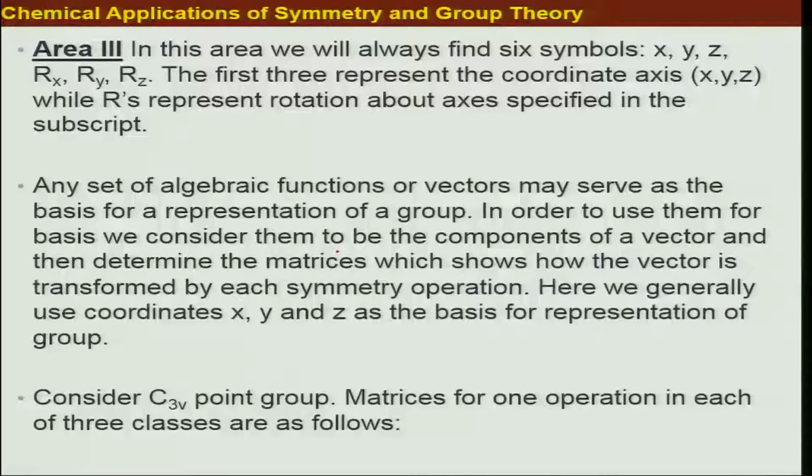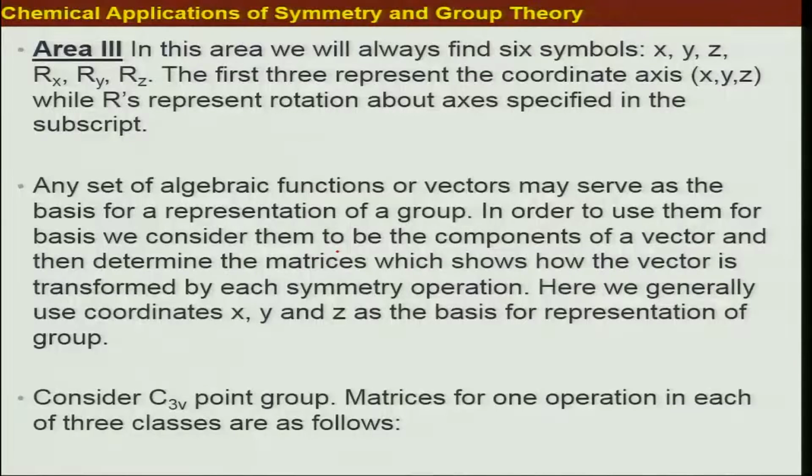Okay. So, as we said that any algebraic function can act as the basis function, and we can form any basis set out of those functions, and we can use any vector also, like I talked about the bond vectors. So, we showed earlier the examples with taking x, y, z for say example C2V point group.